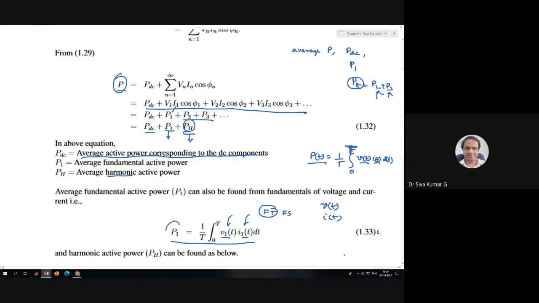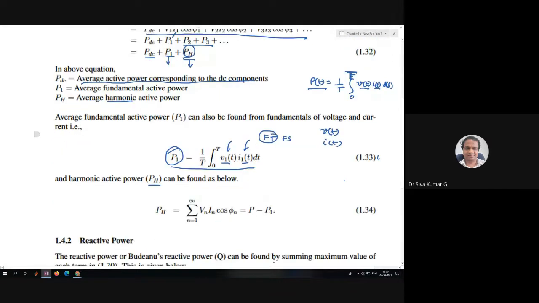If you want to get P1, then we need to extract the fundamental voltage and fundamental current from the signals. Then the harmonic can be found with this equation. We will be finding out the total active power. Sorry, I should not give this as P of t.